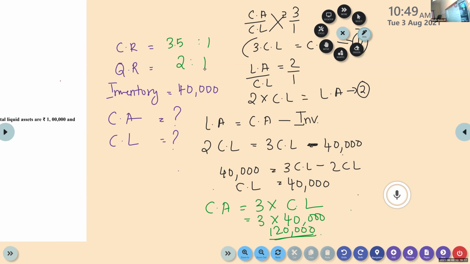This is a question that appeared in 2012 question paper, CBSE. Same model, only the figures are different. Find out current asset, current liability. Calculate current asset, current liability. Okay. Finish it. Give me the answer in the chat box.